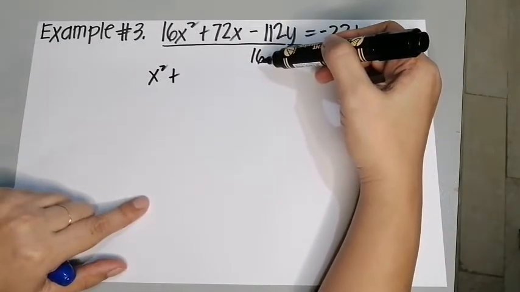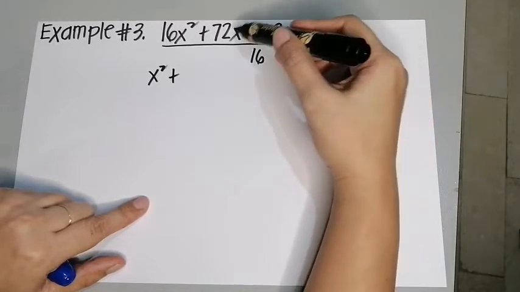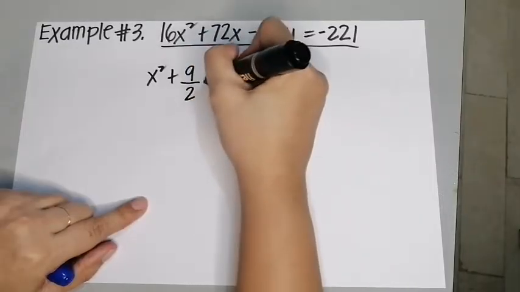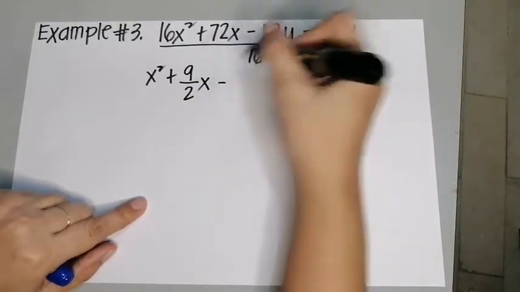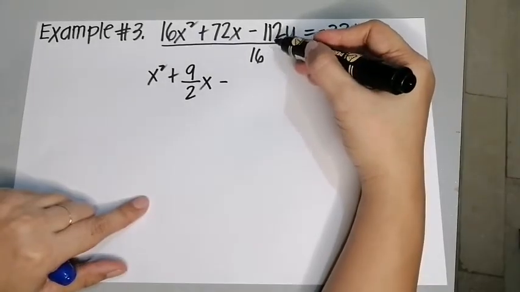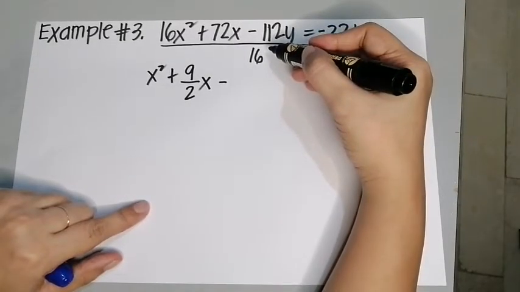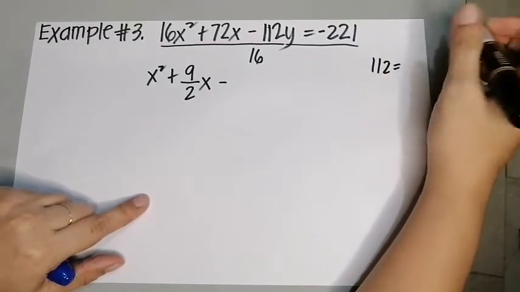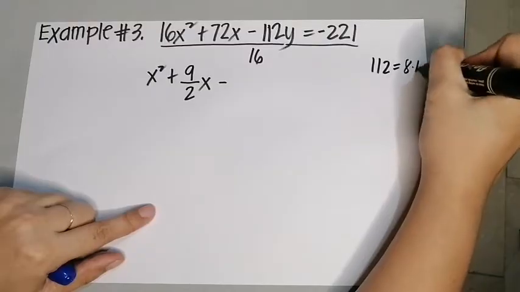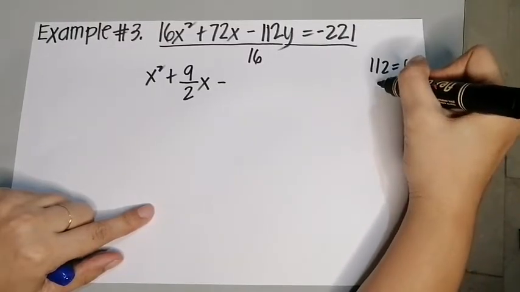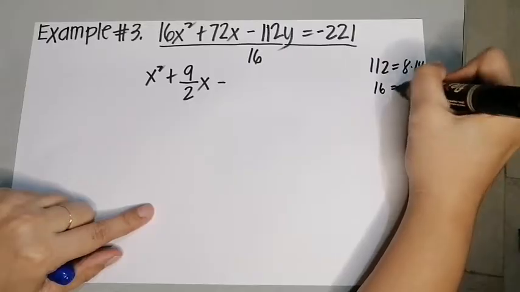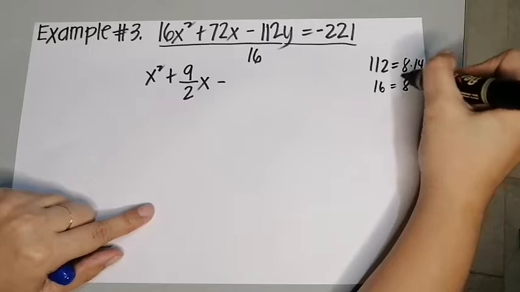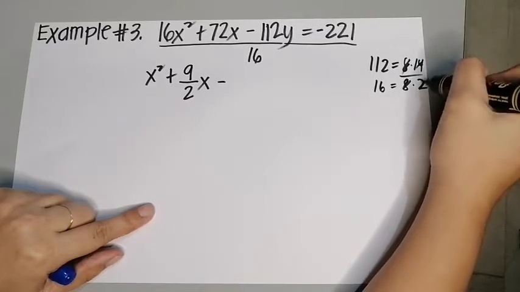There's a common factor, which is 8, so this gives us 9 over 2 x, minus 112 over 16. 112 is 8 times 14, and 16 is 8 times 2, so we can cancel and get 7.